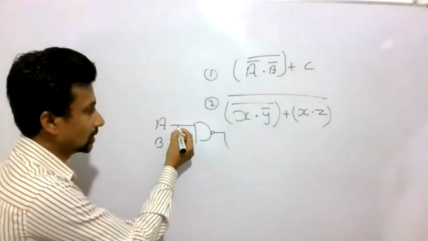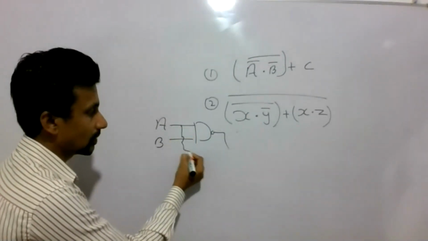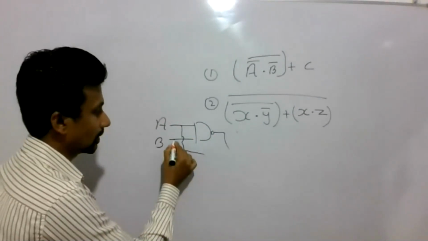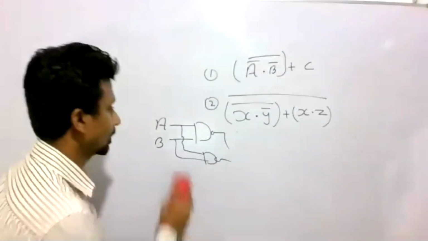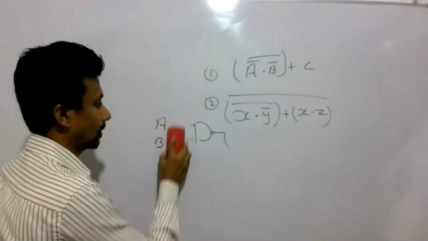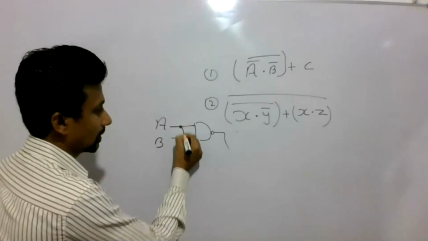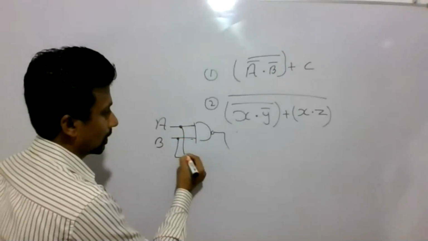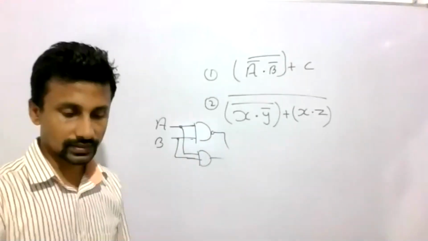Yes, possible. When you are taking it, either you bypass this one like this, or you can put a dot like this, and you can take the same. Doesn't matter.